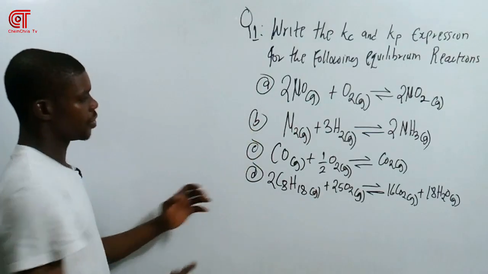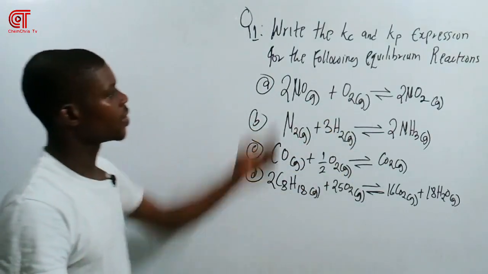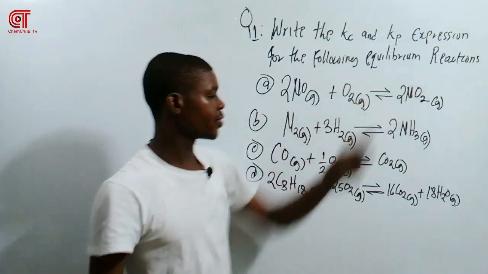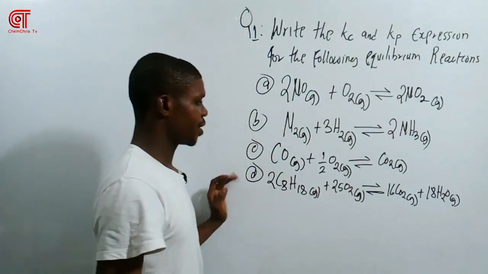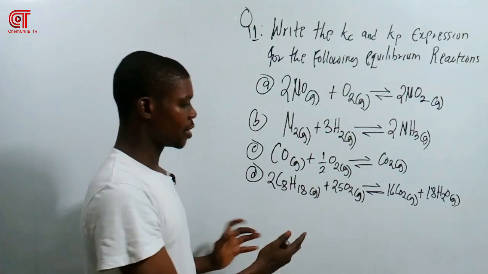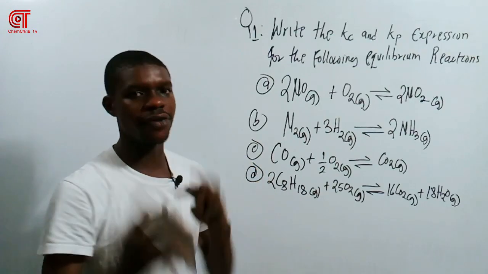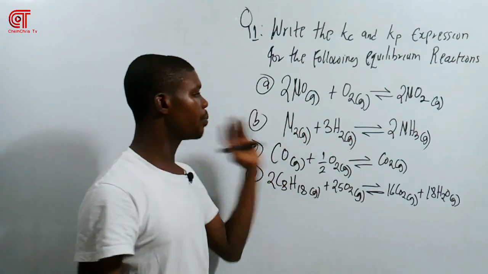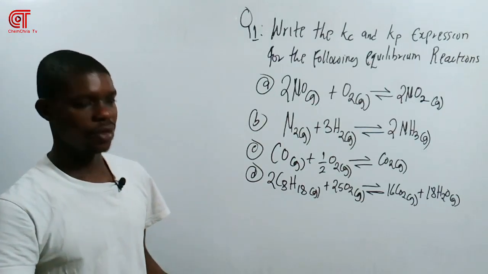So now let's look at this question here. You say write the Kc and Kp expression for the following equilibrium reaction. If you know you can do it, you can kindly pause the video and do it, then while I walk you around, check if your answer is correct.